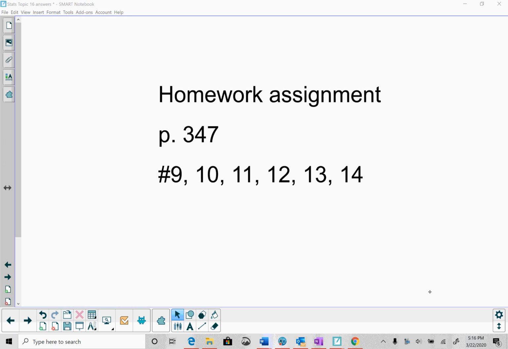Okay, so for your assignment from topic 16, this should start in your book on page 347. I'd like you to try numbers 9, 10, 11, 12, 13, and 14. Hopefully that's not too hard to remember. For exercise number 9, part A tells you to flip a penny in the air 50 times and keep track of how many heads and tails result.